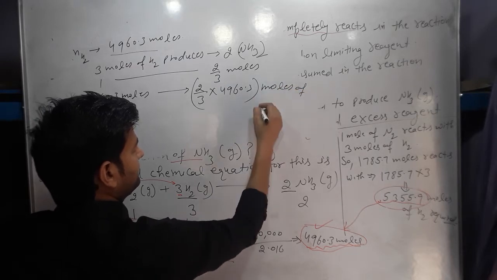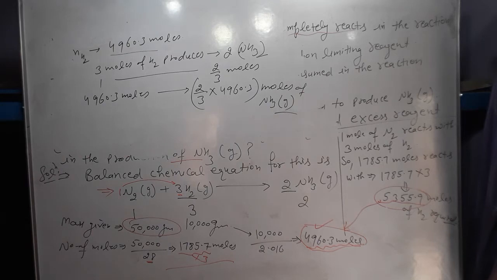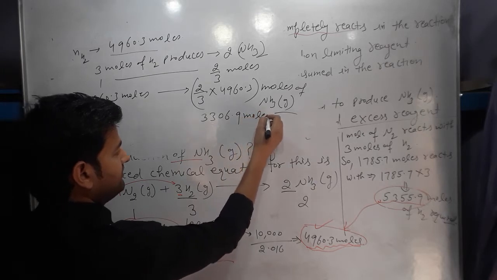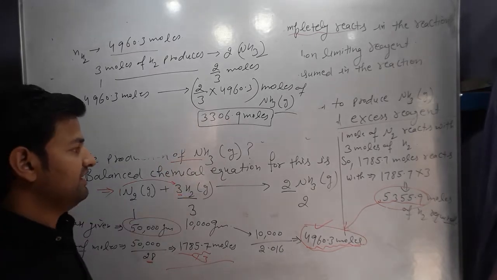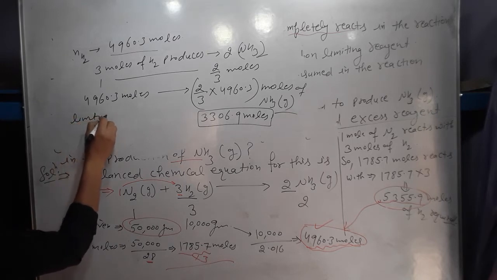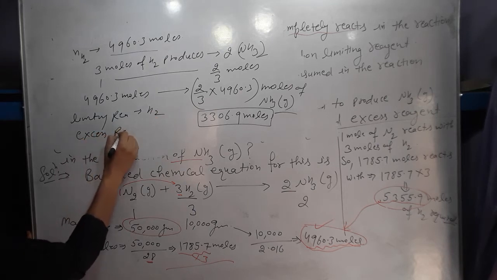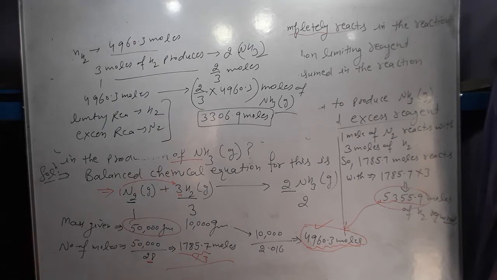When we solve it, this comes out to be 3306.9 moles of ammonia produced. Limiting reagent is hydrogen. Excess reagent is nitrogen.